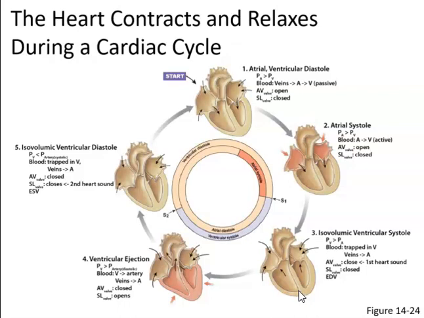This is just to generate pressure so that, again, we can get to the next phase of the cardiac cycle, which is our ventricular ejection. At this point, the pressure in the ventricles has now increased to the point where it is greater than the outlet pressure or the pressure of the semilunar valves, so that blood can be ejected from the ventricles into either the lungs on the right or through the aorta to the rest of the body on the left.